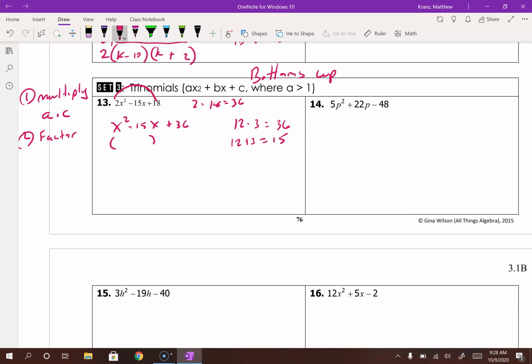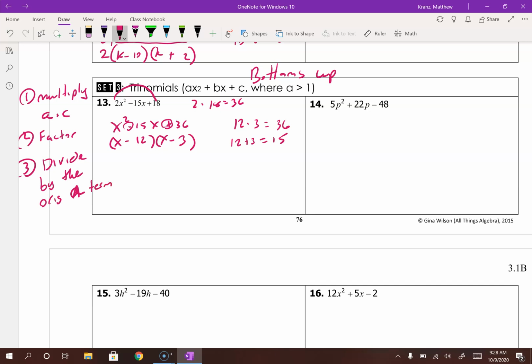So we can factor this right now into x and x, okay? And then the signs are the same and they're both negative. So negative 12 and negative 3. But we're not done. Step 3, divide by the original A term.